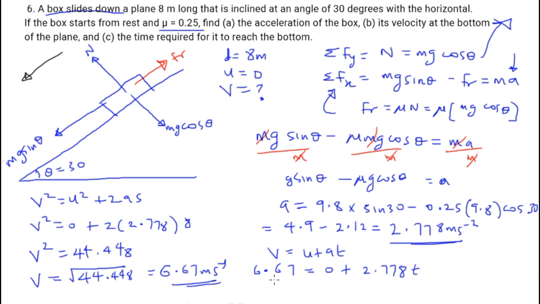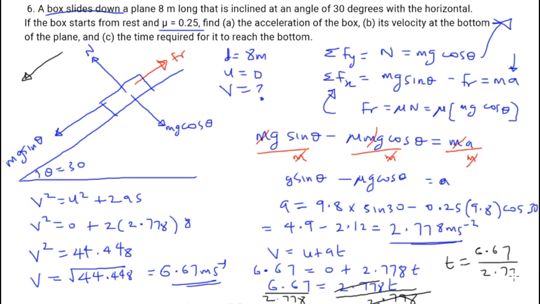So 6.67 is equal to 2.778 t. We can divide both sides by 2.778, so that t is equal to 6.67 upon 2.778.